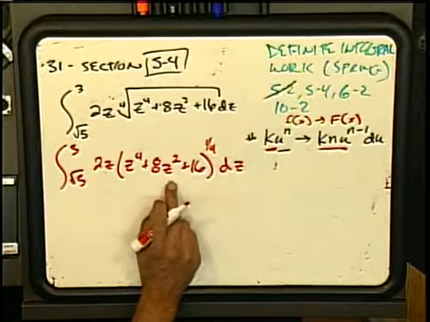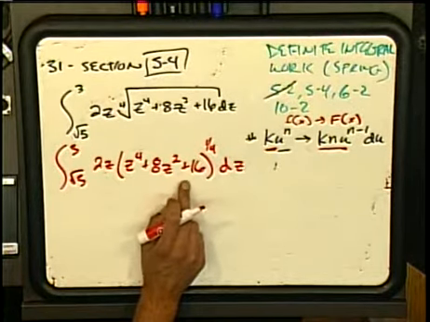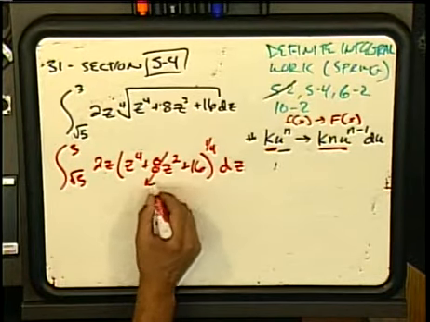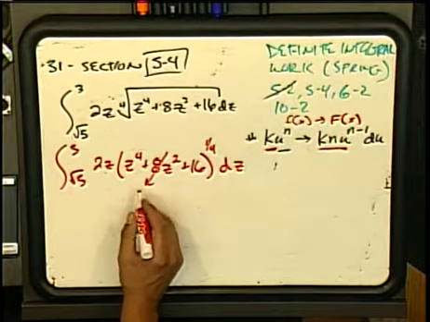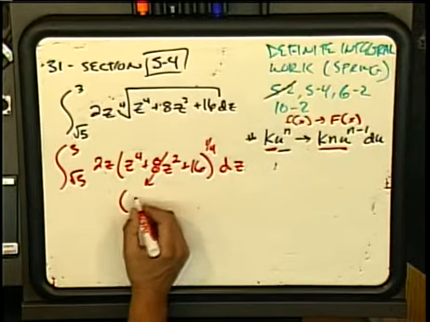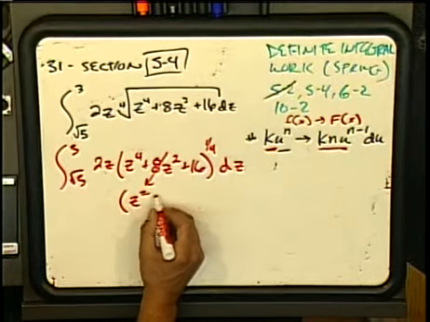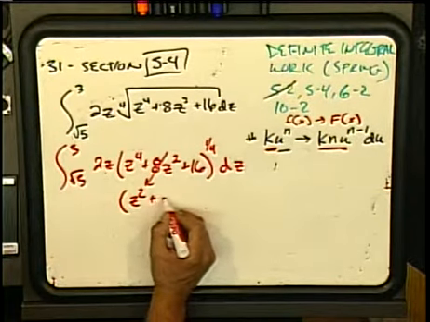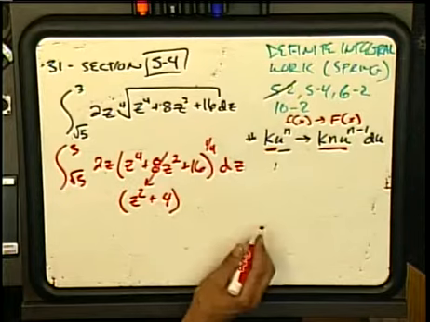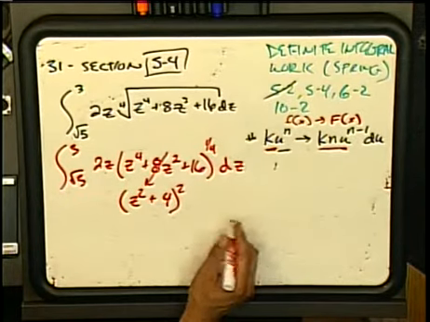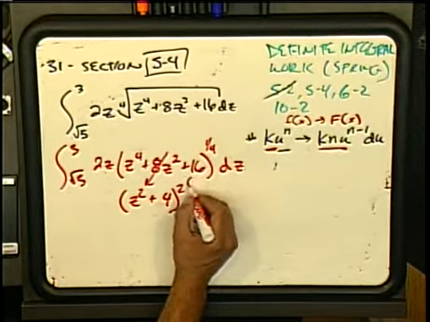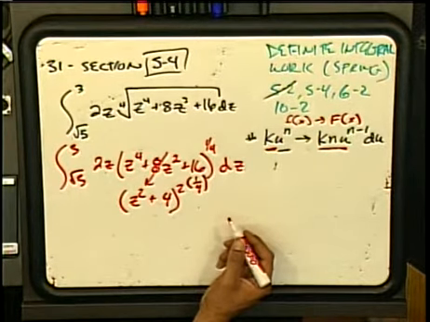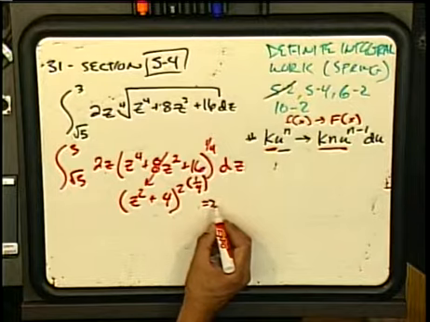You can simplify this more. This could be rewritten as z squared plus 4 squared, to the negative 1/2, to the 1/4. You see that?